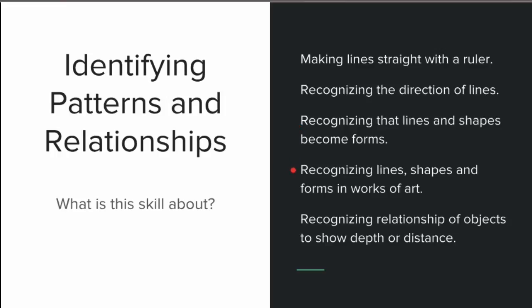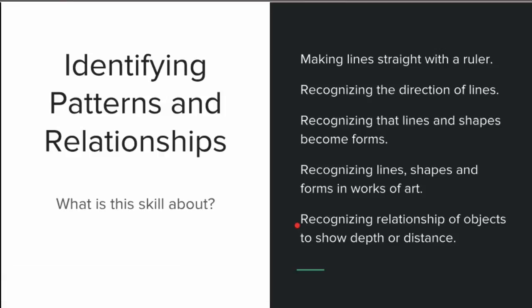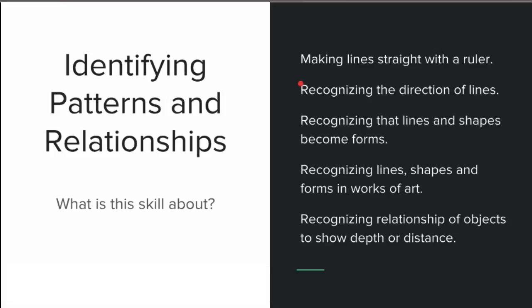In this project, this skill also means that recognizing line, shapes, and forms in works of art is something you'll be able to do. And you'll be able to recognize how where you place objects in an image can show depth or distance. So there are a lot of things that you'll be doing to help show us that you understand and have this particular skill.